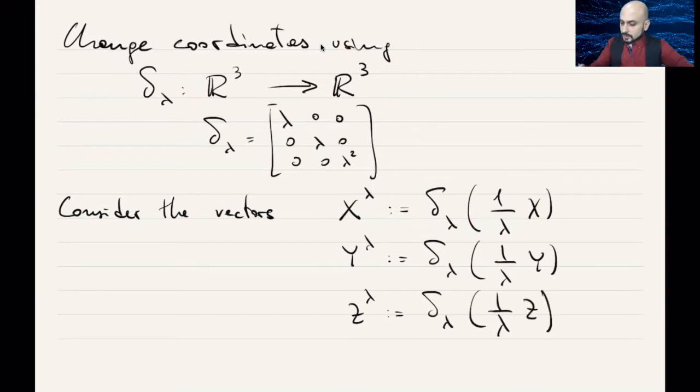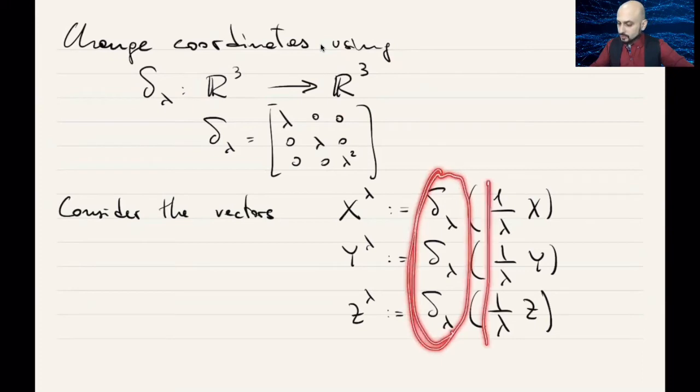Now you see what I did: I changed, using coordinates, this linear map, those three vector fields that we had before.